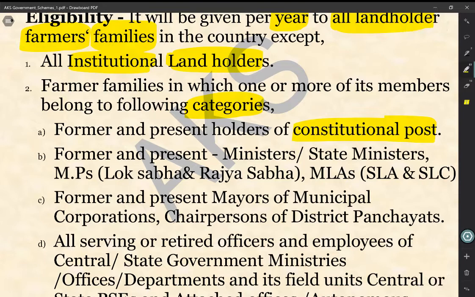So families in which a family member was or is holding a constitutional post are excluded. Then the various ministers of the central government and state government, the MPs and MLAs are also excluded from the scheme. Also, the mayors of municipal corporations and chairpersons of district panchayats, present and previous, are excluded from the scheme.